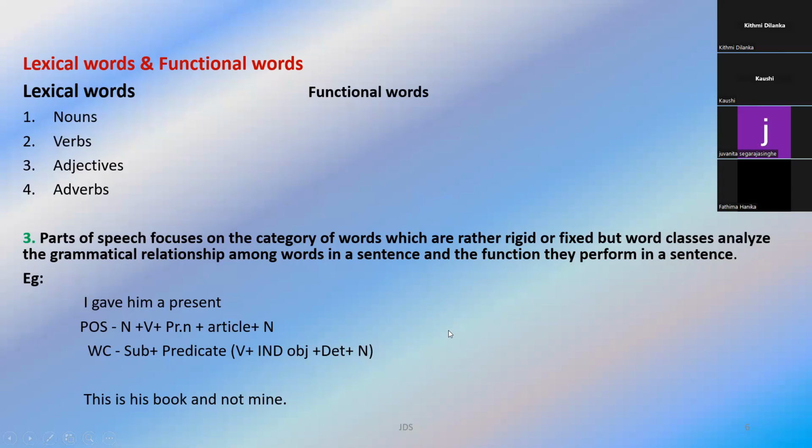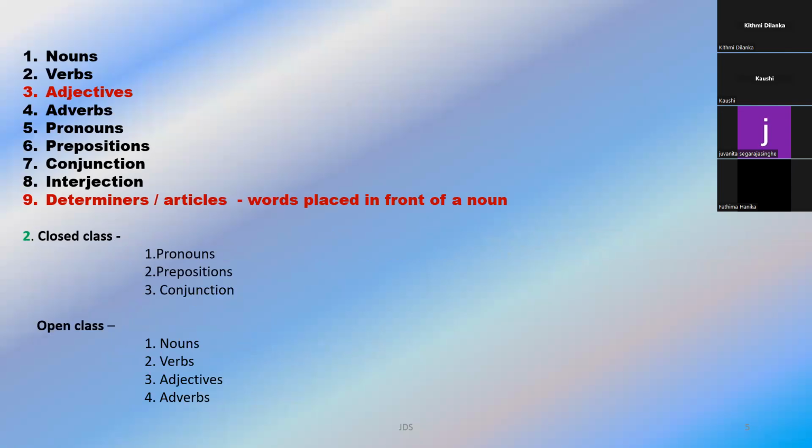Okay, now tell me the difference that you can find between parts of speech and word classes, the main differences. How many are there in terms of number?